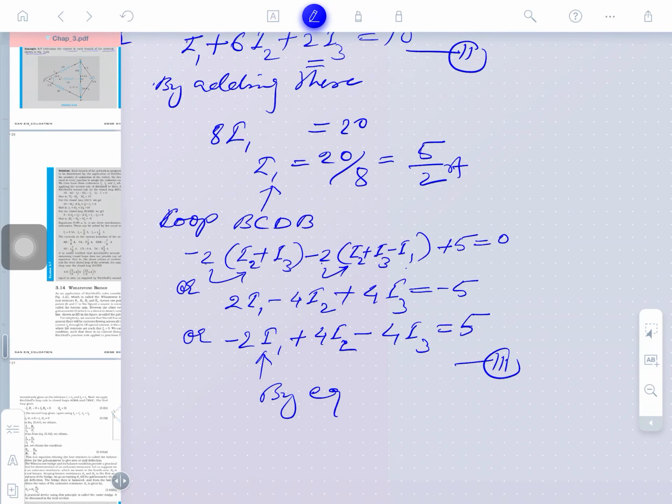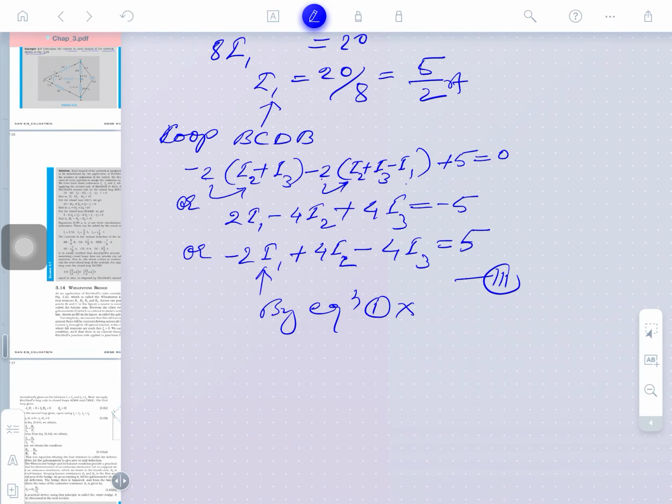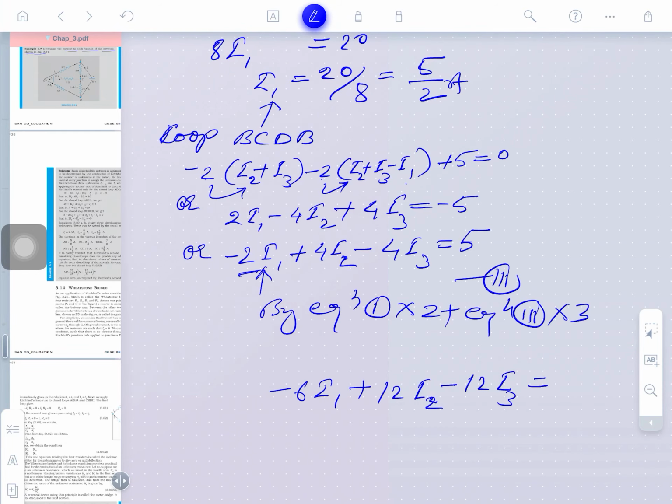So, by any method, equation 1 multiply by 2 and plus equation third multiply by 3. So, 3 twos are 6 I1, and 3 fours are 12 I2, and 12 I3, and 15. You have studied this in 10th class.